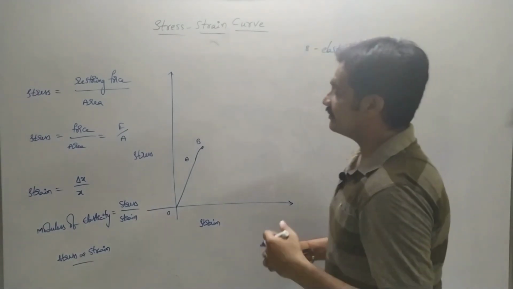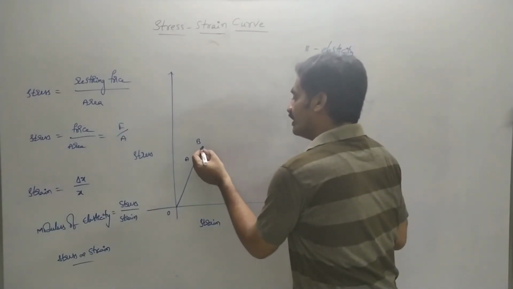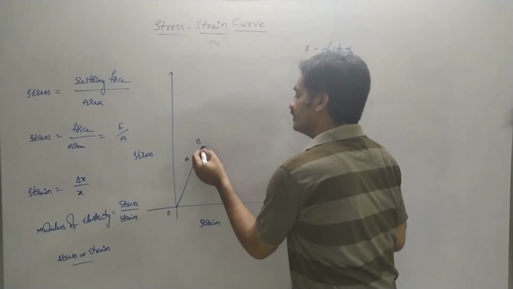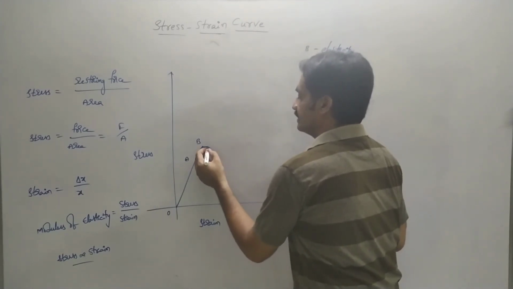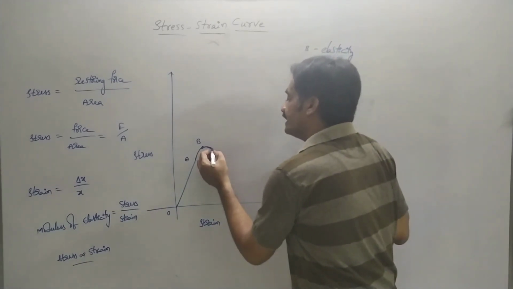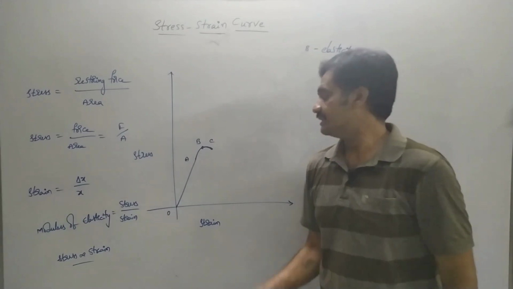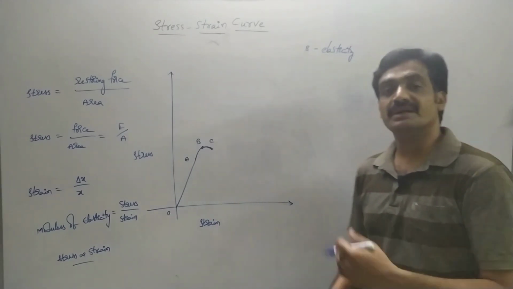Whereas if further stress is applied on the wire, it starts deforming its shape and attains a permanent set. The point C represents the permanent set.